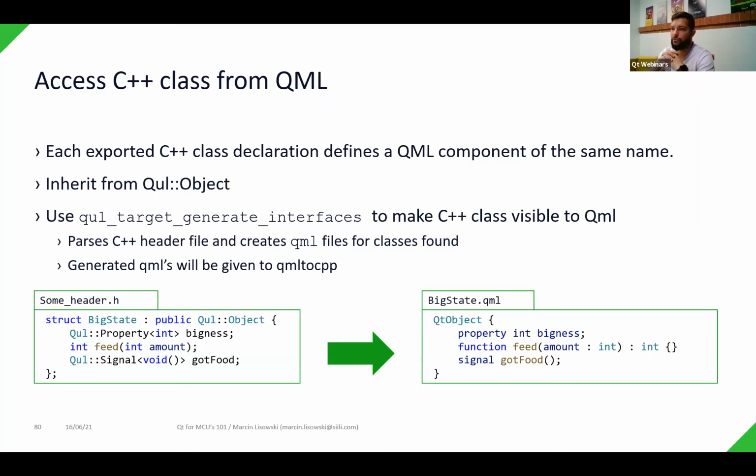Here's a short example. You have some header in which you are defining a struct BigState that inherits from QObject and exposes a Q_PROPERTY of type int, which is brightness, a function which returns an integer and takes an argument of type int as well, and also a signal, which is just a plain void function.